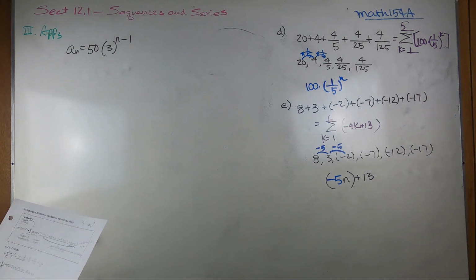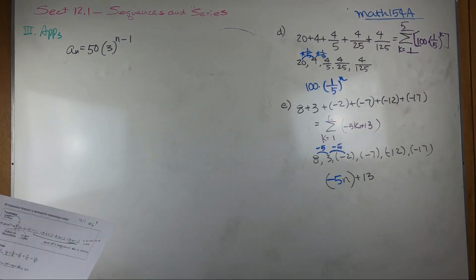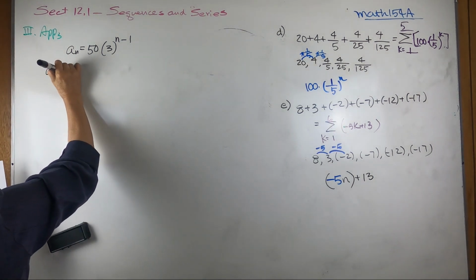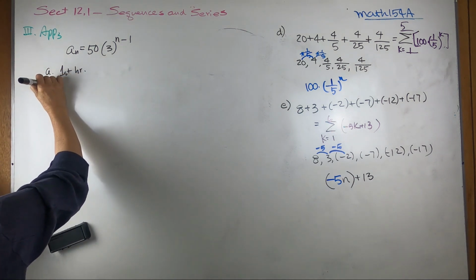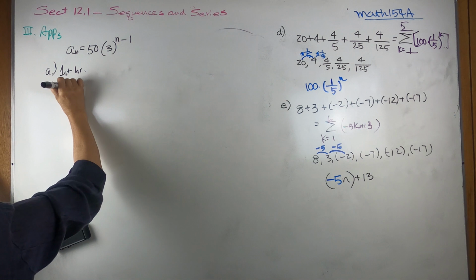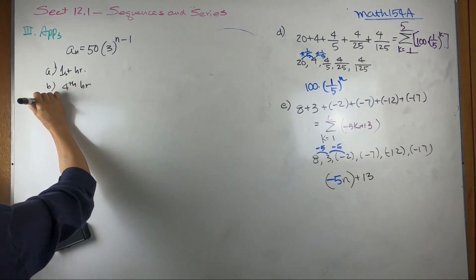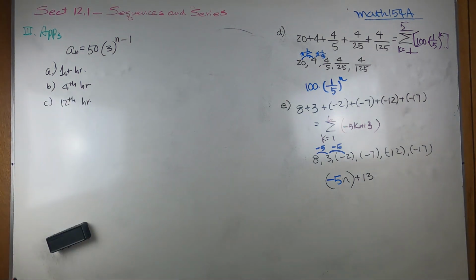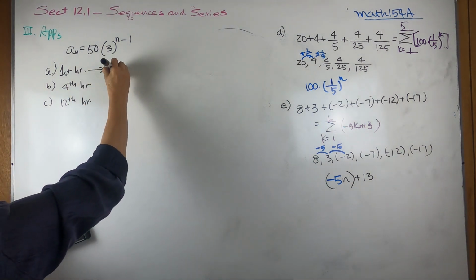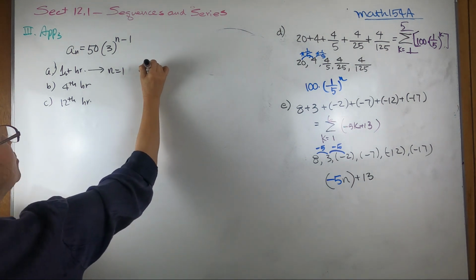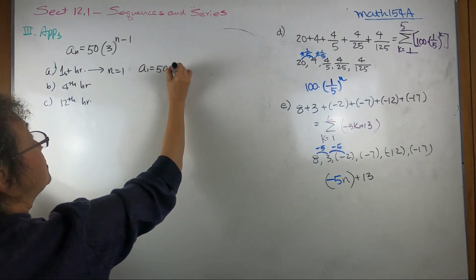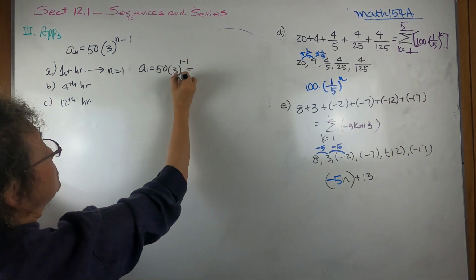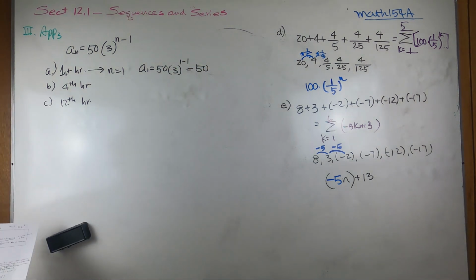Find the size of the culture at the beginning of the first hour, then the 4th hour, then the 20th hour. So what do we need to do? First hour means n is 1. So A1 equals 50 times 3 to the 1 minus 1, that's 0 power, which is 1, so that would be 50.